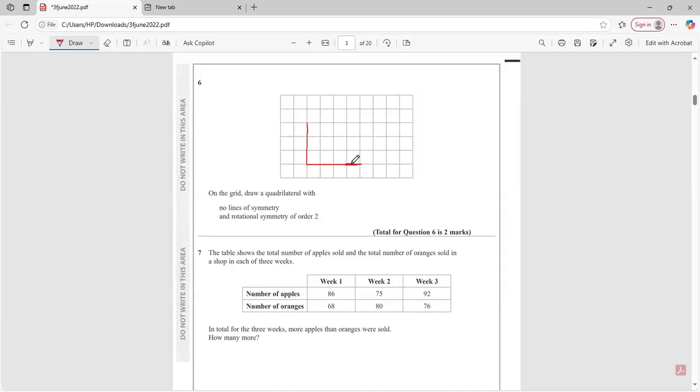A quadrilateral with no lines of symmetry at all, and a rotational symmetry of order 2.